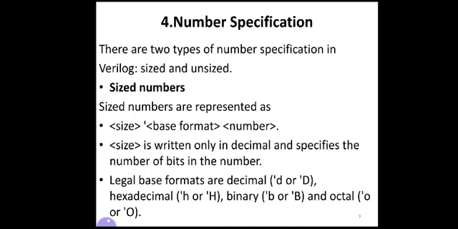The first one is the sized numbers. As the name suggests, sized, it has some particular size. See the syntax of the sized numbers. This is very important. The syntax is size, followed by tick mark, base format, then followed by number.